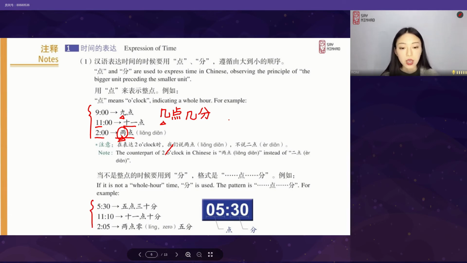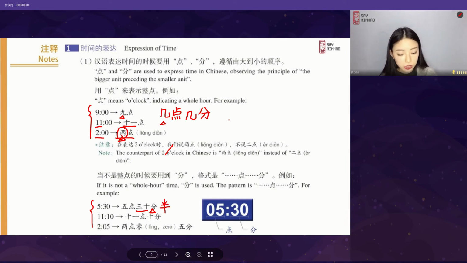First one is 5:30. It is 5点30分. 30 and we need to put the minute after it. 30分, 5点30分. And still remember what I taught you before? There is another way to express half an hour, which is 半.